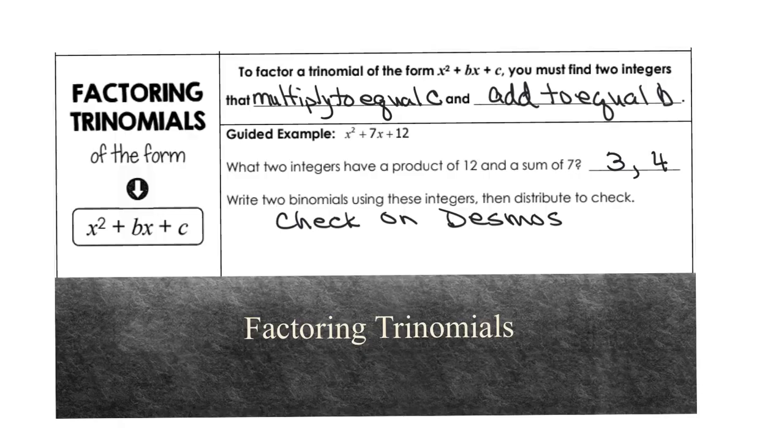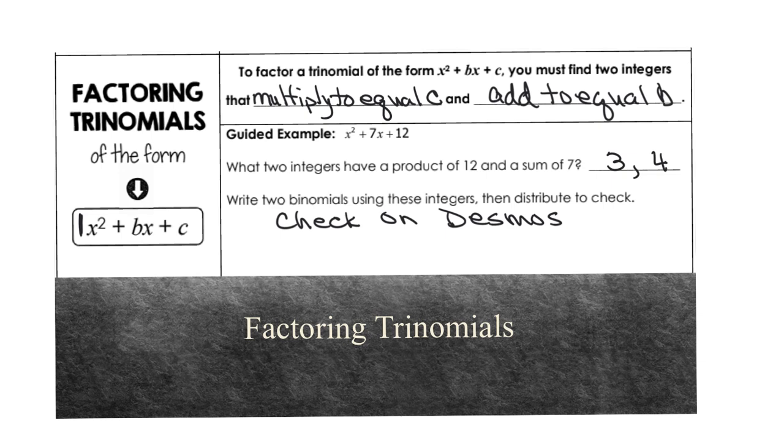We'll go in front. All right, the next type of problem that we're going to factor is factoring trinomials. And a trinomial is a polynomial that has 3 terms. We have x squared plus bx plus c, and the number in front of x squared is going to be 1. These are the trinomials that we are going to factor.